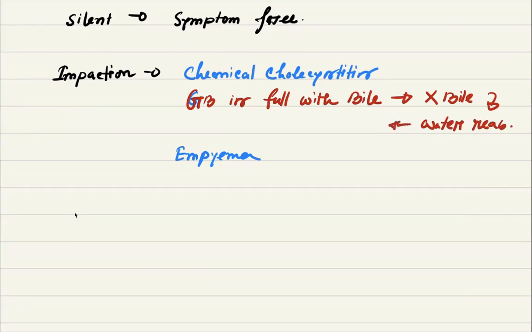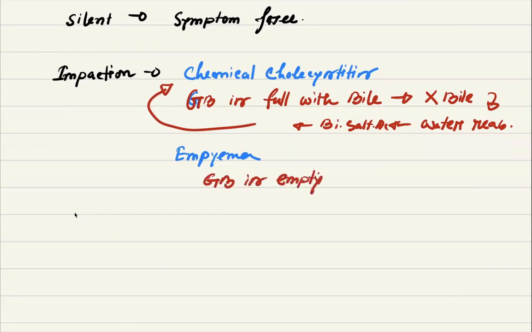So what will be left? The bile salts and bile acids. These are irritant to the epithelium, and this can cause chemical cholecystitis in the patient. Okay, that's number one.